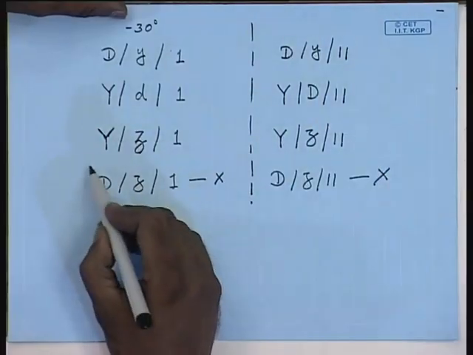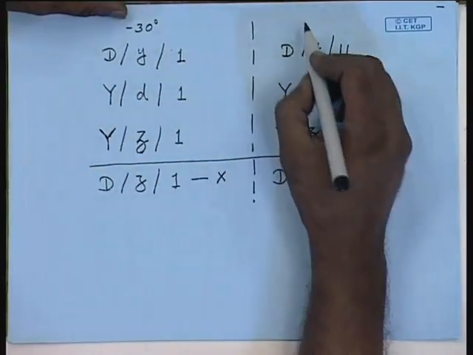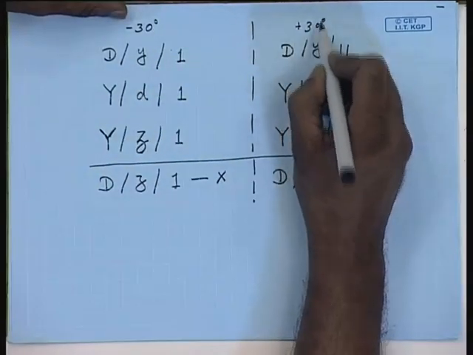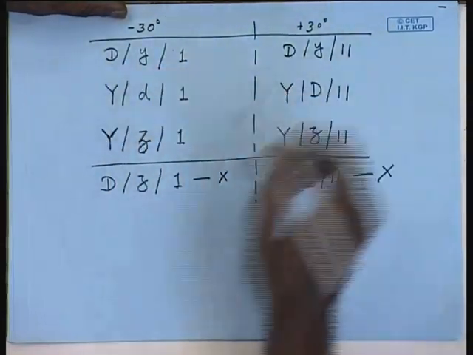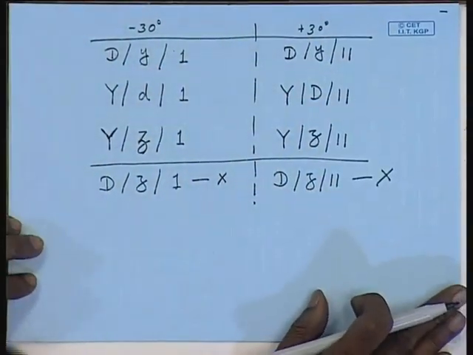So, this is the plus 30 degree connection. Let us look at how we make these connections. Let us start with Dy1.